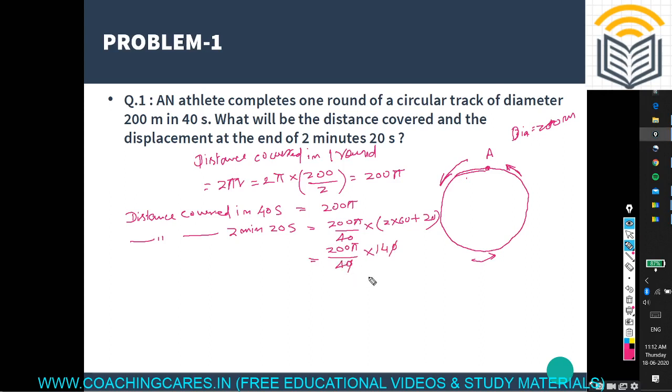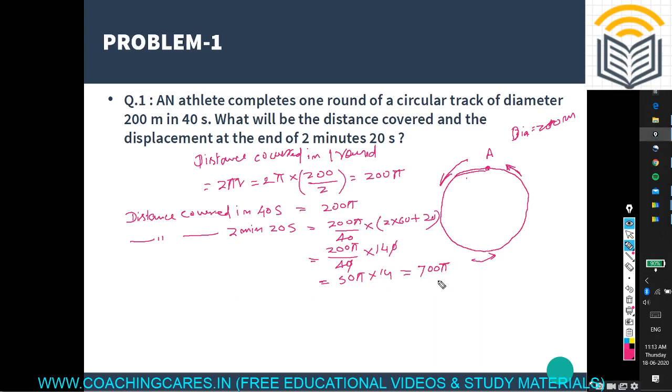By calculating this, we get 50 pi into 14, which is 700 pi.